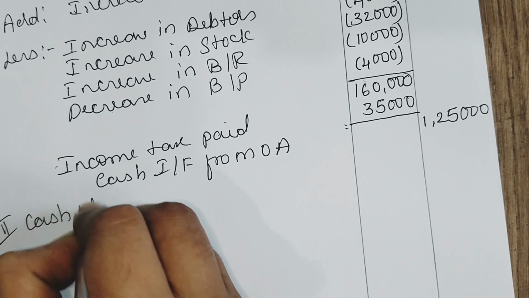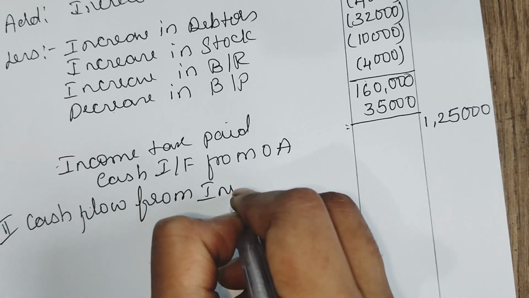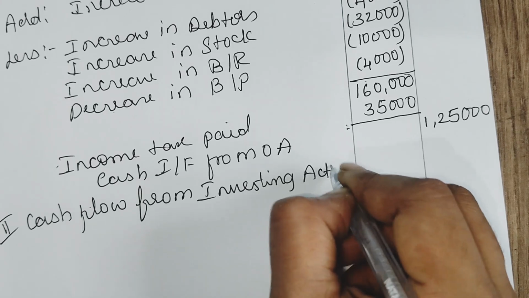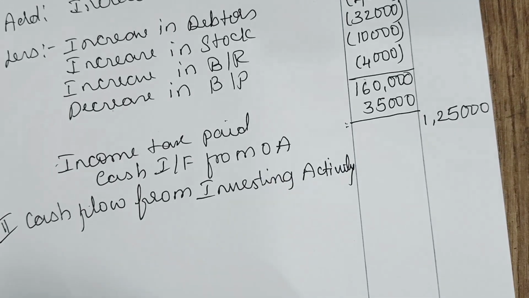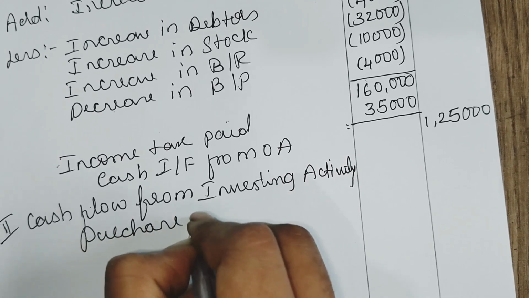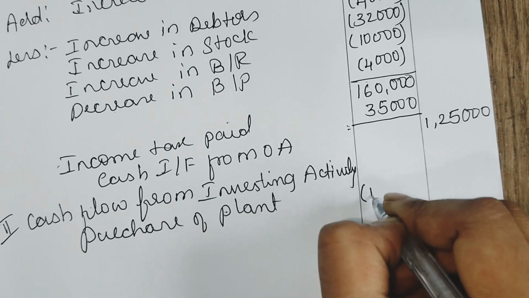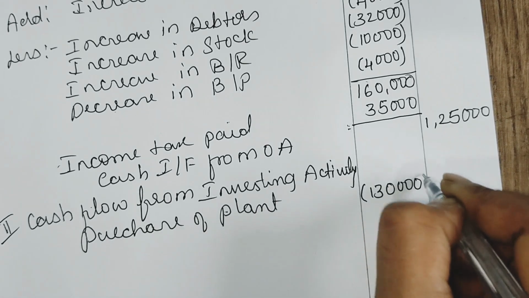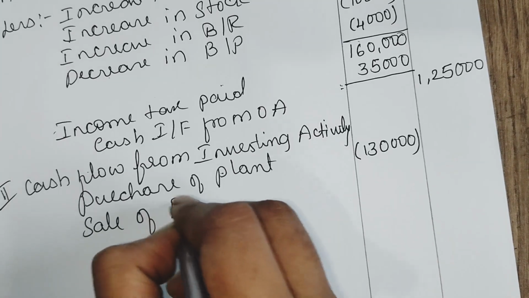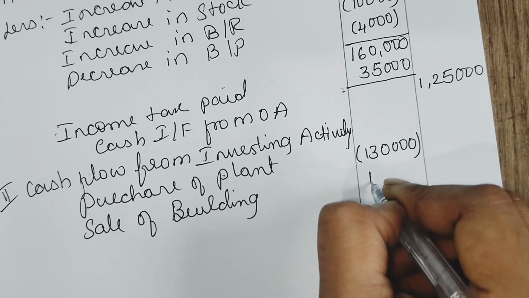Next we have cash flow from investment activity. Investing activity, we have purchase of plant 1,30,000, sale of building 10,000.